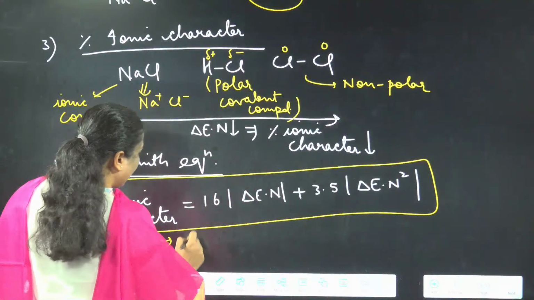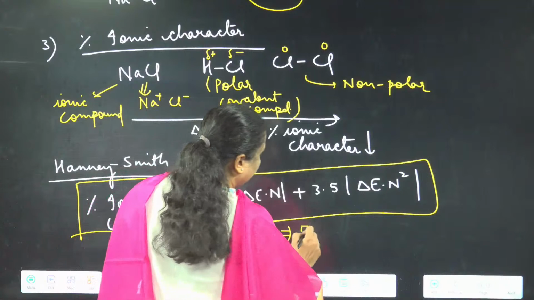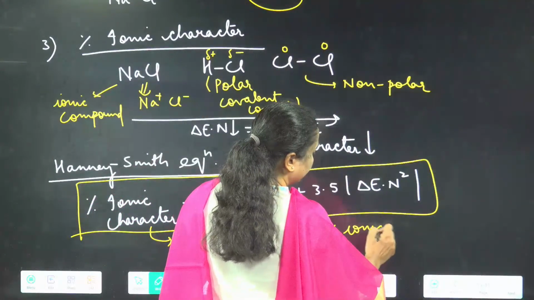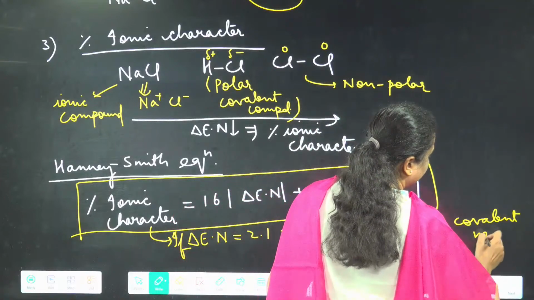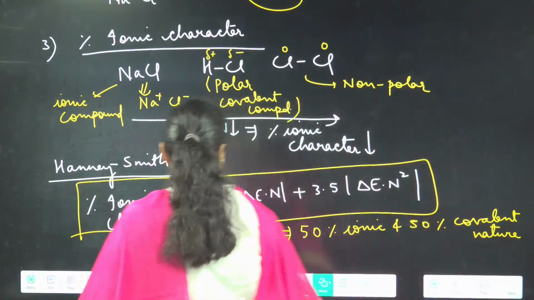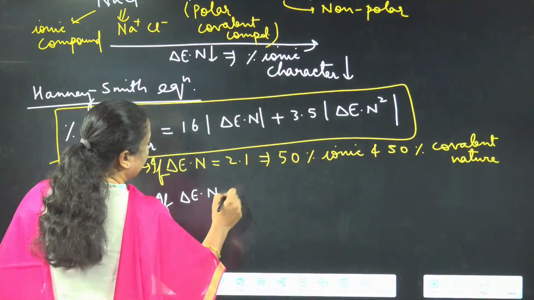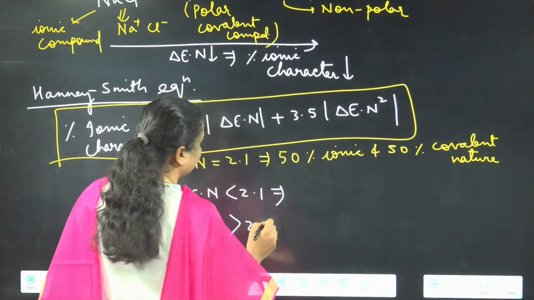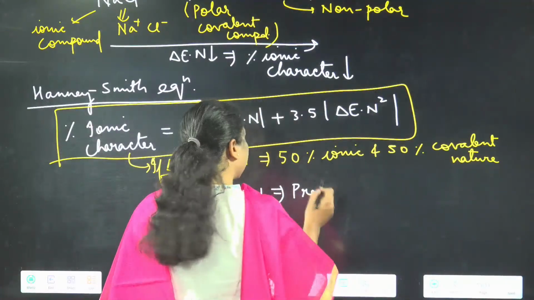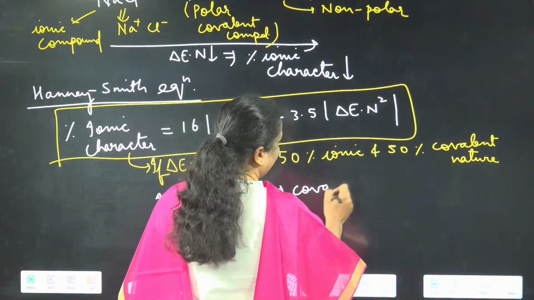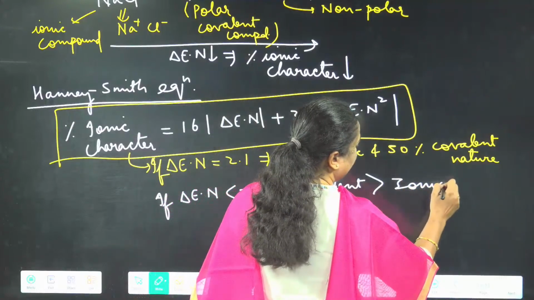So from here, what was the conclusion? If delta EN is equal to 2.1, it tells you it is 50% ionic and 50% covalent in nature. If delta EN is less than 2.1, it will be predominantly covalent, or you can say the covalent nature is greater than the ionic nature.